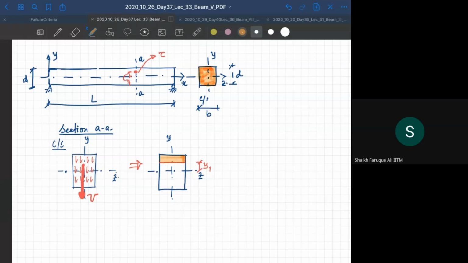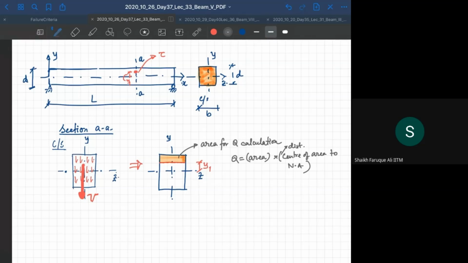So this is my Q. This is the area for Q calculation. Q equal to area into the distance from the center of the area to the neutral axis.